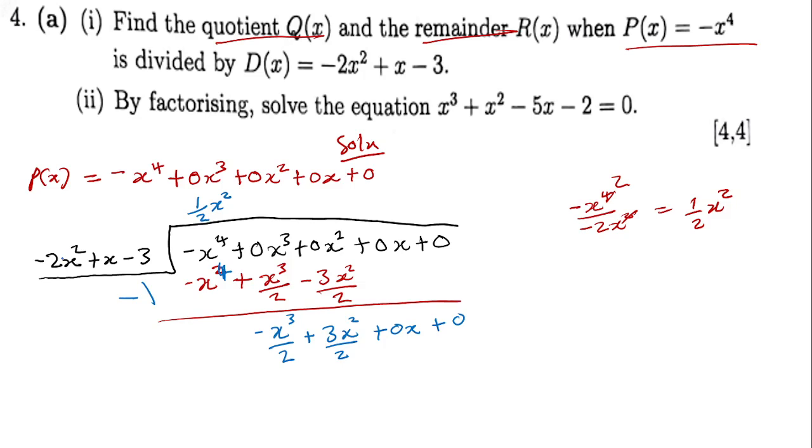So what I'm doing now is negative x cubed over 2 divided by 2x squared. So this will simply give me something like negative x cubed over 2 times 1 over 2x squared.